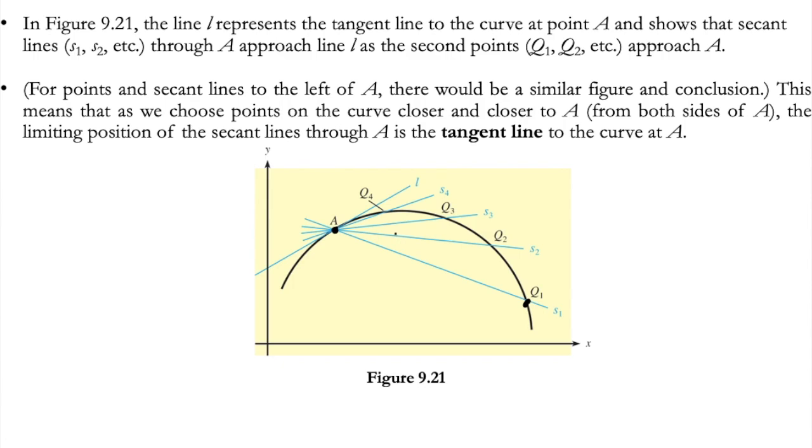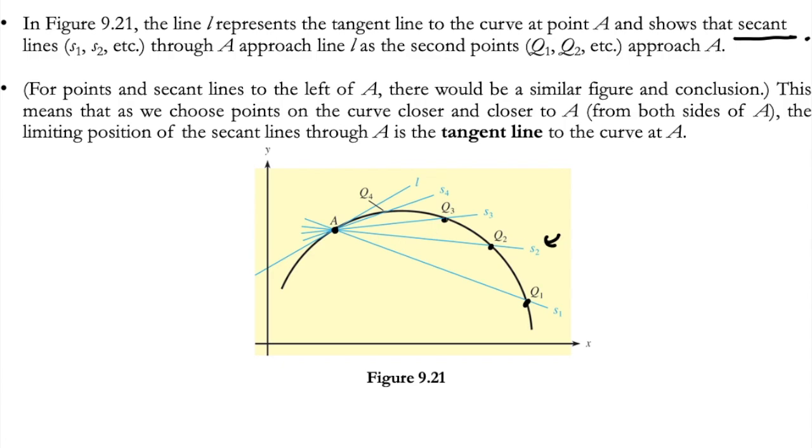Because it intersects the curve, it's not a tangent line, so how do we call this line? This line is what we call a secant line. Now, if I pick another point here, Q2, and join it with point A, then I get another secant line, call it S2.